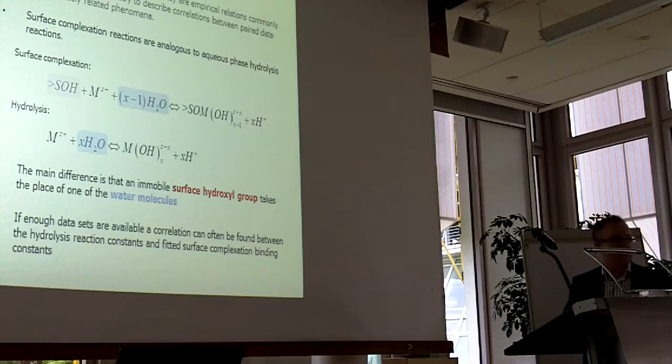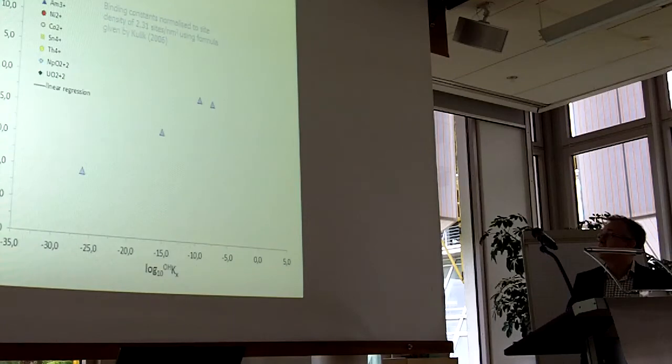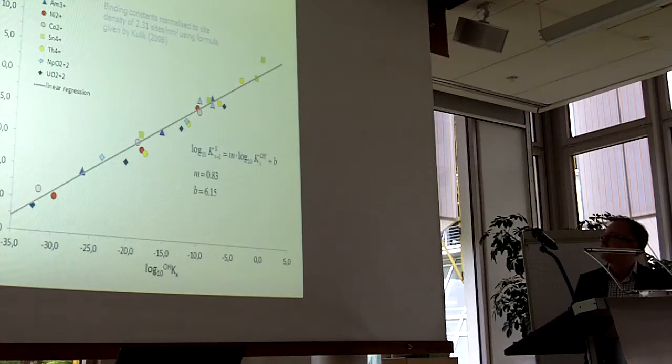And of course, if you have enough data sets based upon fitting parameters for different solutes, you can find a correlation between the hydrolysis reaction constants and the fitted surface complexation binding constants. So in the case of the illite example, you can collect data from a bunch of different solutes, put them together, do a linear regression, and you get something that looks like this.